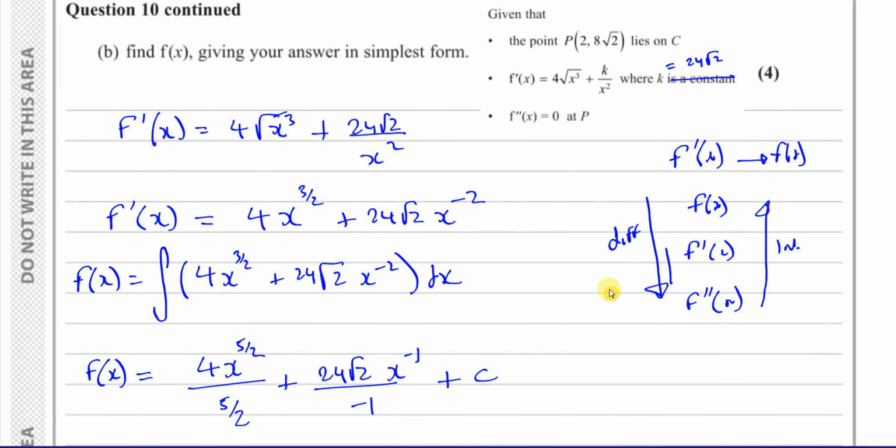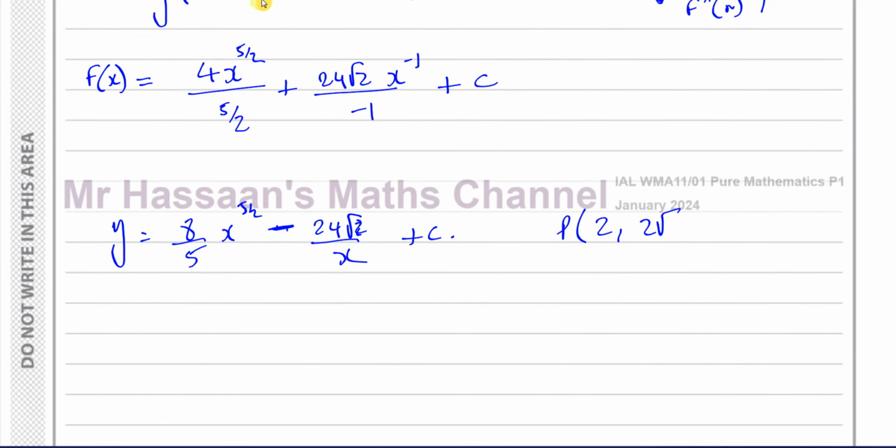So we can say that 2 and 8 root 2 is a point on the curve. From this, when x equals 2, y equals 8 root 2. We know this information, so we can now use it in this. We can replace the x with 2 and the y with 8 root 2.